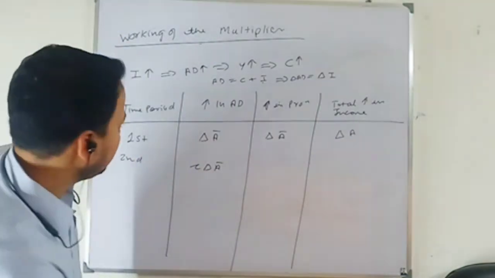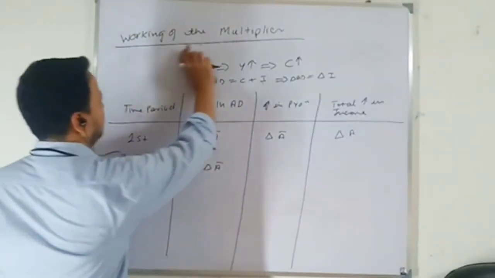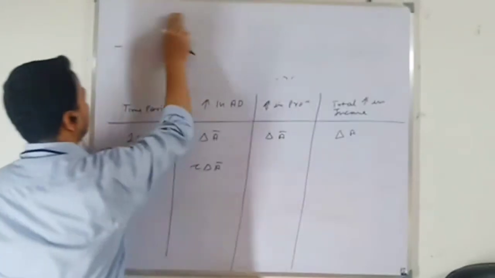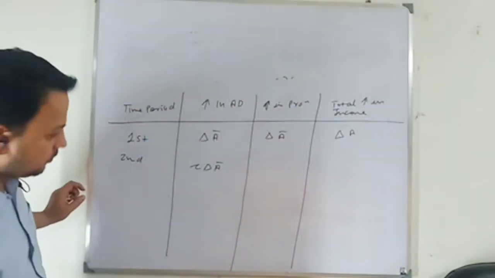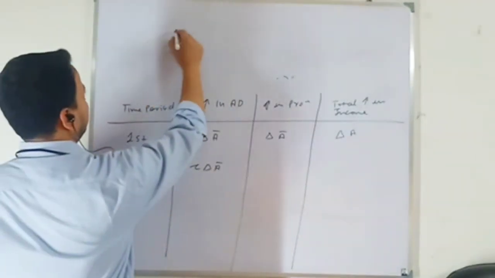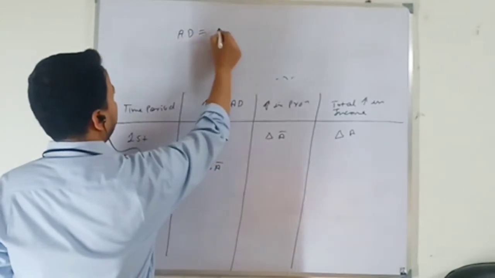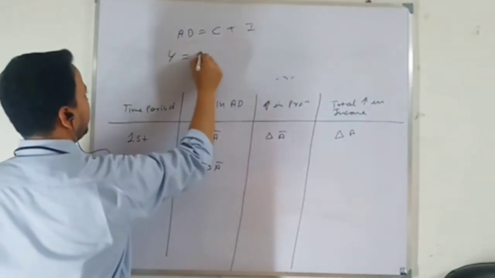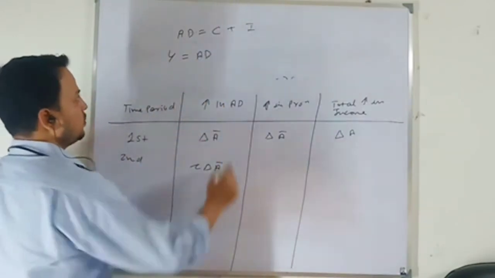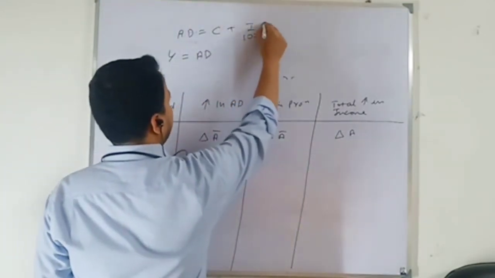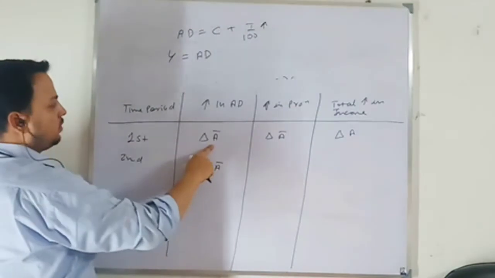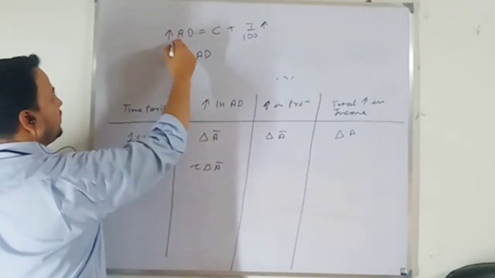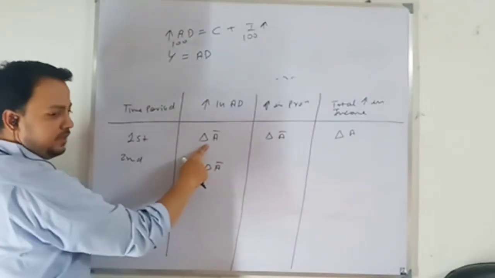So what I am saying is that your aggregate demand is C plus I, and we know output is demand determined. Suppose investment increases by 100. In the first round, aggregate demand will increase by 100.